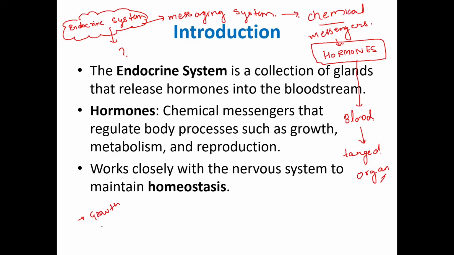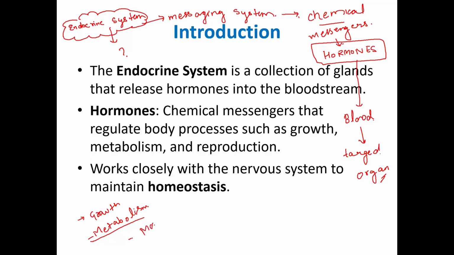These hormones help to control important body functions like growth and metabolism. What is metabolism? In an earlier class, we already discussed that any chemical reaction that takes place in a living body is metabolism.